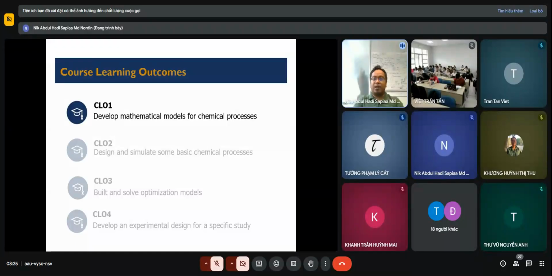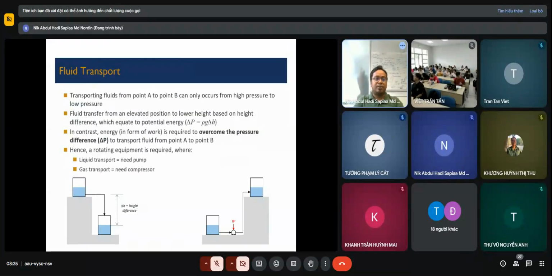So this is still part of our course learning outcome, the first course learning outcome, about the fluid transport. Normally we have a feed line, a reaction line and a separation line.